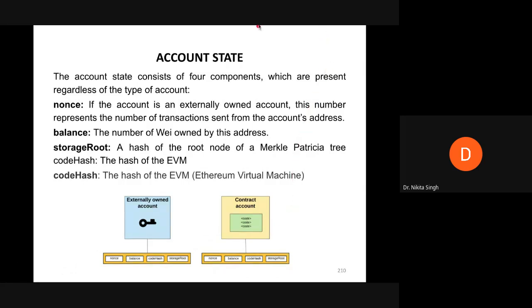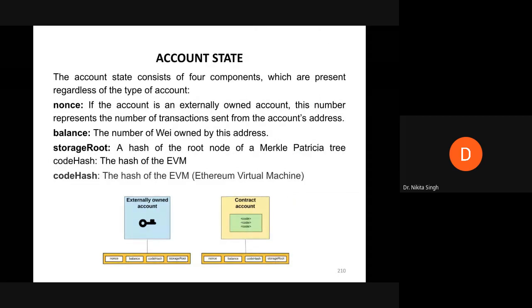So if you're talking about the Merkle tree, we already know how a Merkle tree works. So what the tree will do is this tree encodes the hash of the storage contents of this account. Okay. This Merkle tree will perform the hashing of whatever data is put into the account.